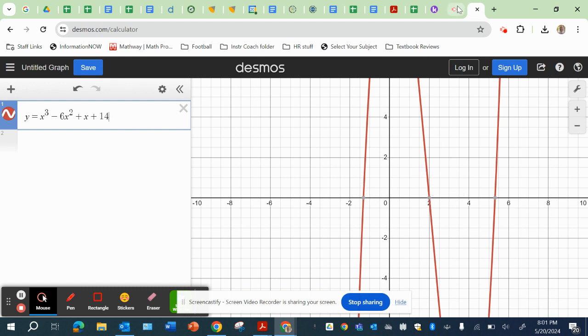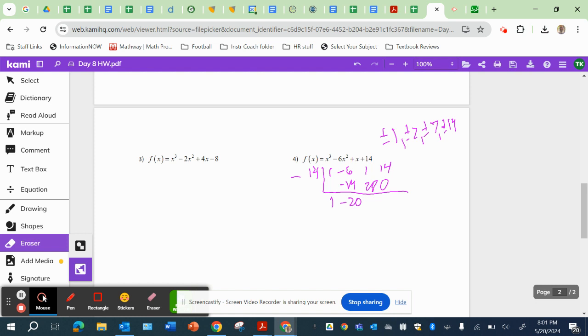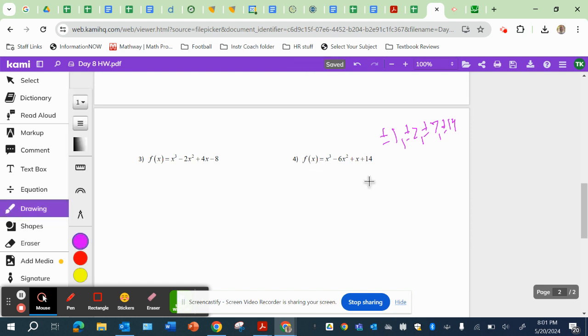Definitely crosses at 2. Maybe I skipped that one. That's a good way to check if you can do that ahead of time. So now I know 2 is a 0. There it is.